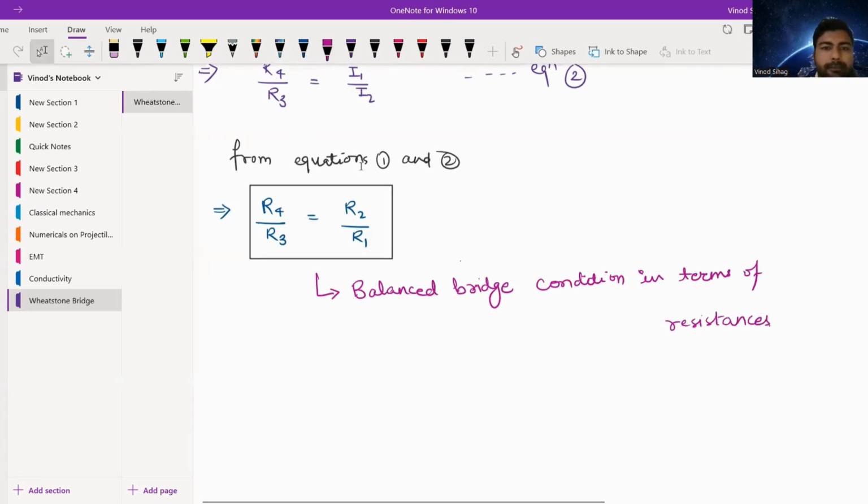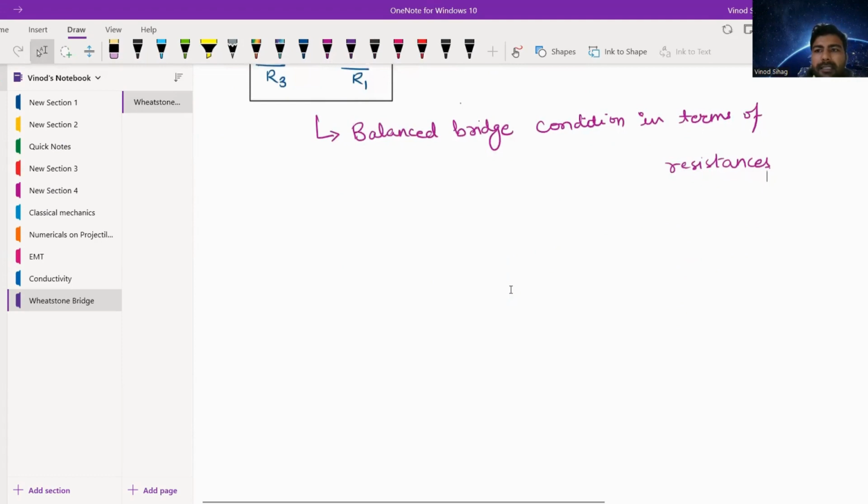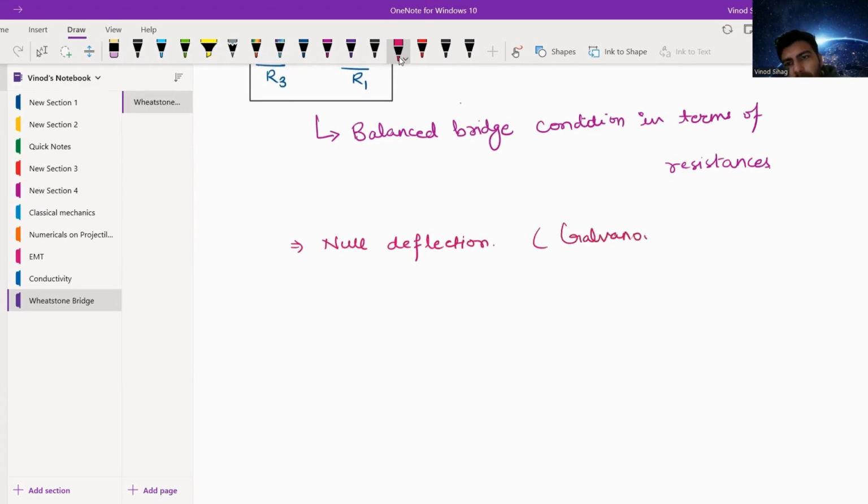And this is also called null deflection. Null deflection, because the galvanometer is basically used for the purpose of deflection, so in the perspective of the galvanometer, we are writing here null deflection.